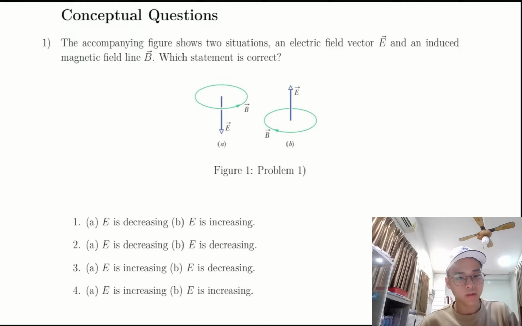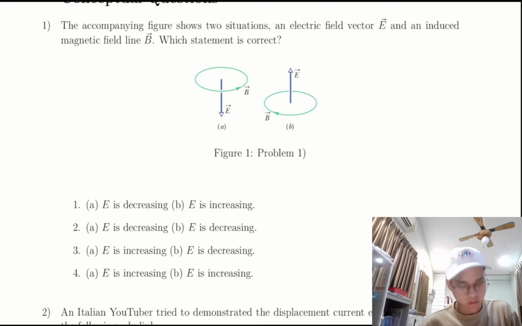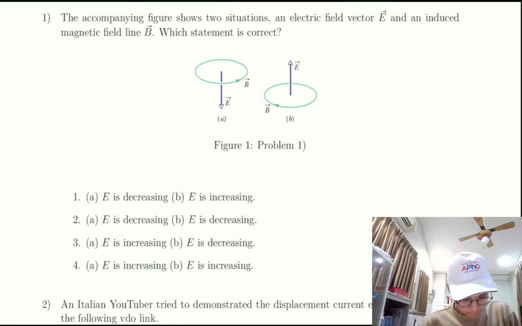The first question basically asks the direction of the rate of change of electric field that causes the corresponding direction of the magnetic field line. So ostensibly, this problem must be related to Maxwell-Ampère's equation.